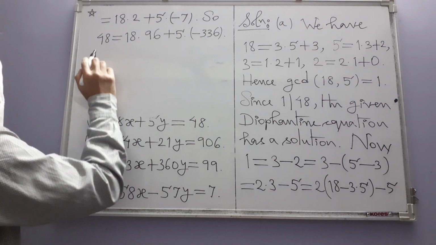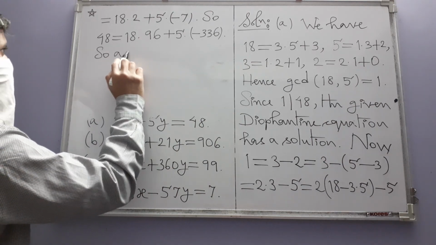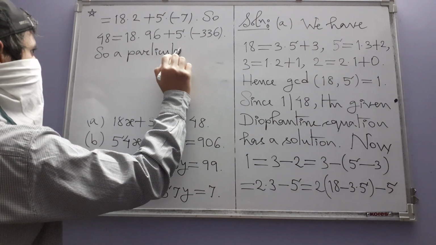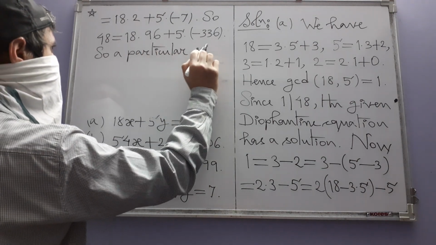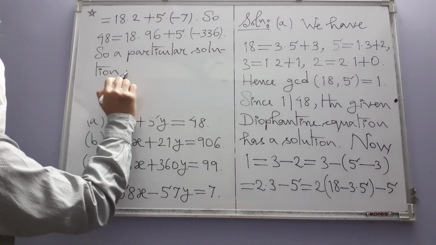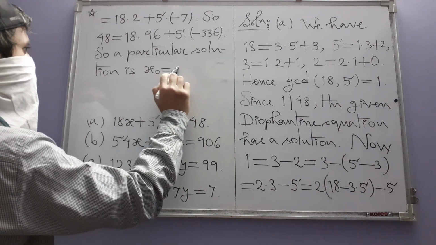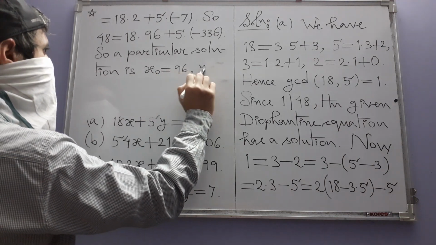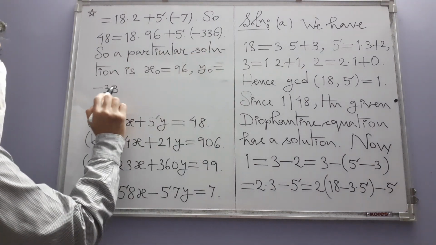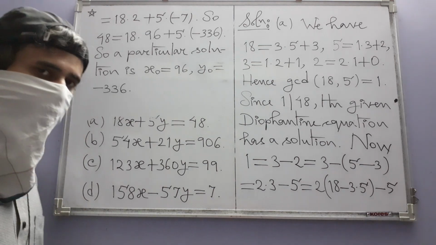Okay, so a particular solution is x naught equal to 96 and y naught equal to minus 336.